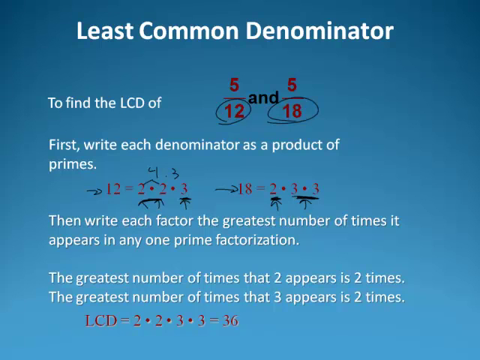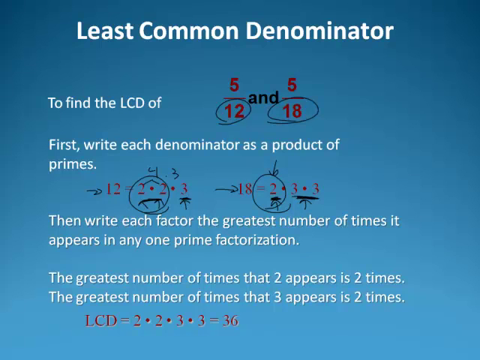That will give you, if you combine those and multiply them, the least common denominator for those two numbers. So here's what that means. Let's look at the factor of 2. In 12, 2 appears twice. In 18, the factor 2 appears once.